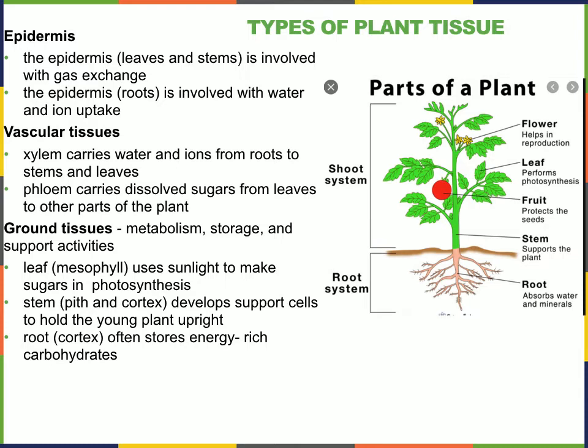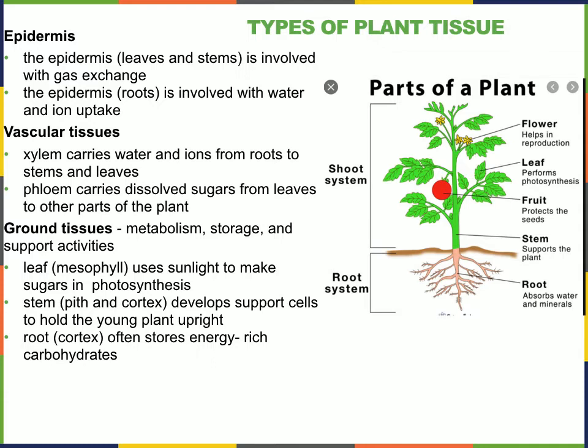These xylem and phloem are made up of different types of cells that form tubes, and then there's the movement through the tubes. Both the leaves and the stem are surrounded by epidermis. In the leaves, this is involved in gas exchange and protecting the plant. In the stem, it's involved in forming the bark.